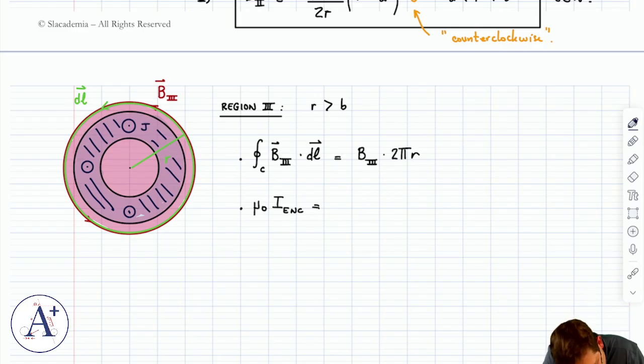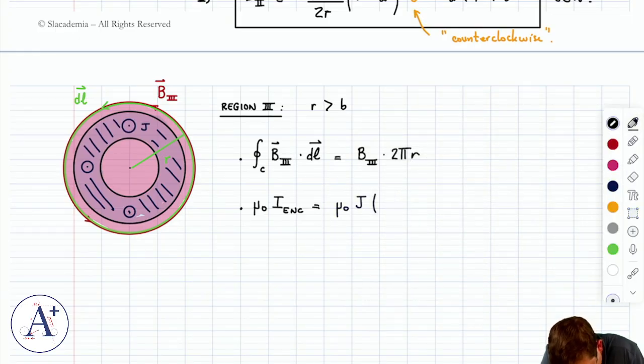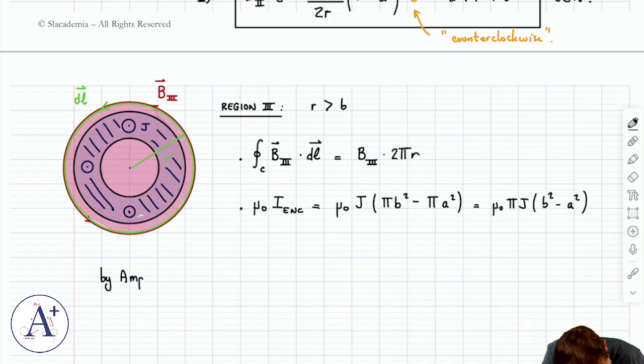So I'm just going to have mu naught J times pi b squared minus pi a squared here. So that's going to be mu naught pi J times b squared minus a squared. By Ampere's law, these two quantities are equal to each other, and we find B3.